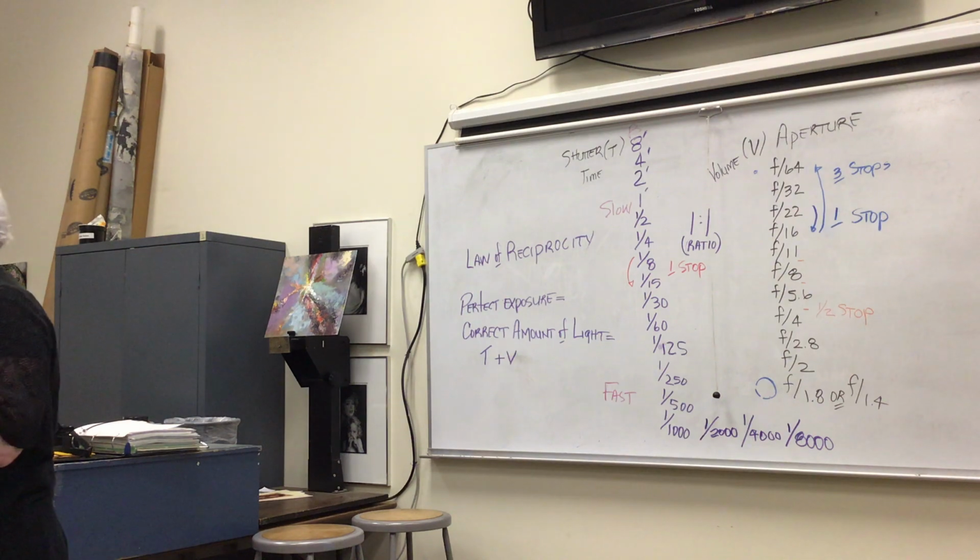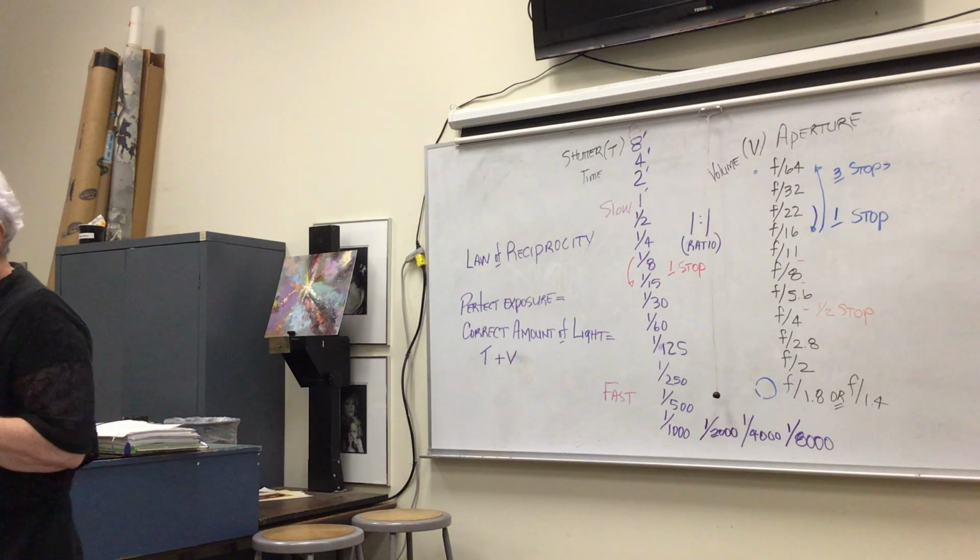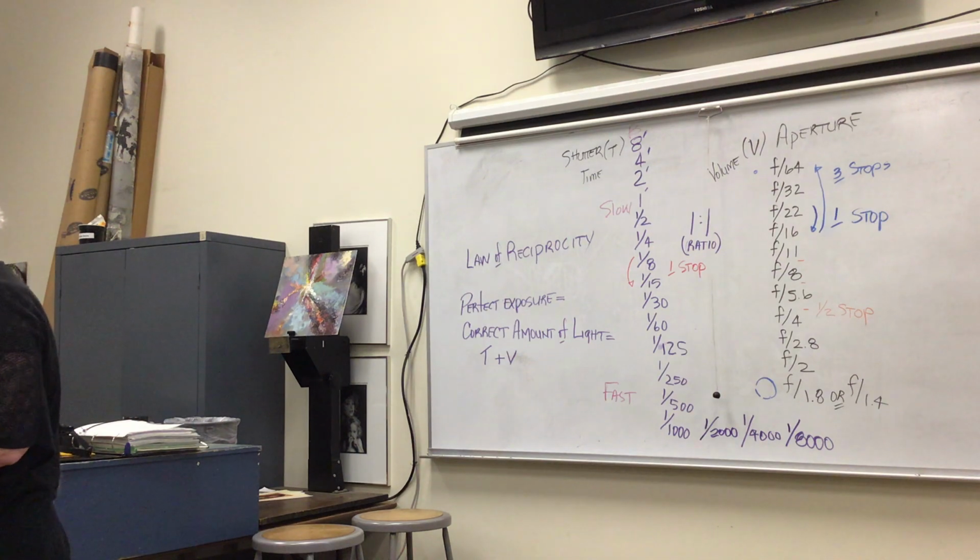So I want you to take the cameras and strap them around your neck. And I want you to take the lens cap off. And I want you to set the shutter speed at 1/4 of a second.